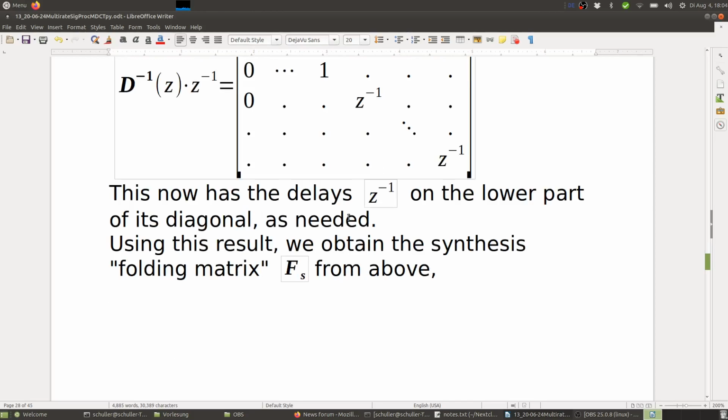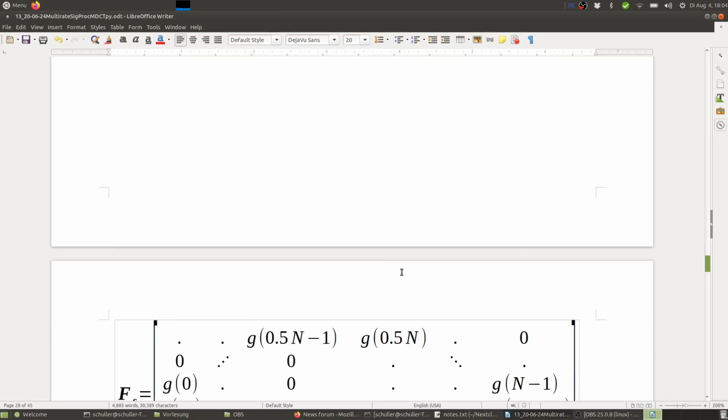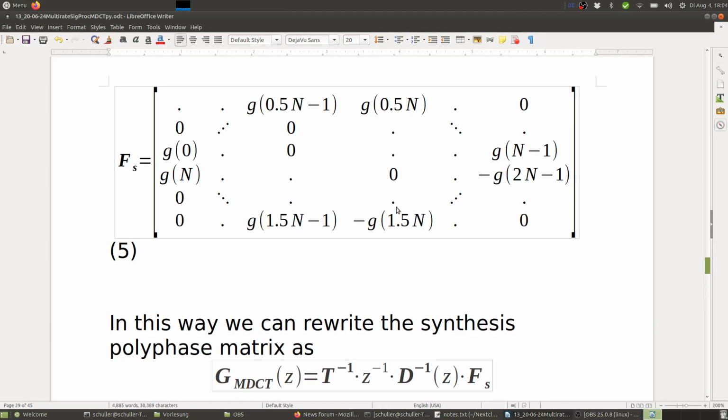So this now has the delay z to the minus 1 on the lower part of its diagonal as needed for the synthesis. Using this result, we obtain the synthesis folding matrix Fs from above. So here we can see it. We can factor out the delays from the lower half, and we just have our g's left.